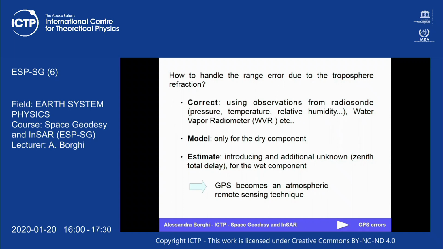So we can correct using observations coming from other instruments, for instance radiosondes that measure pressure, temperature, relative humidity, and so on, or water vapor radiometers, but these are very expensive techniques. Now we have information from satellites and so on, but it's not so easy.